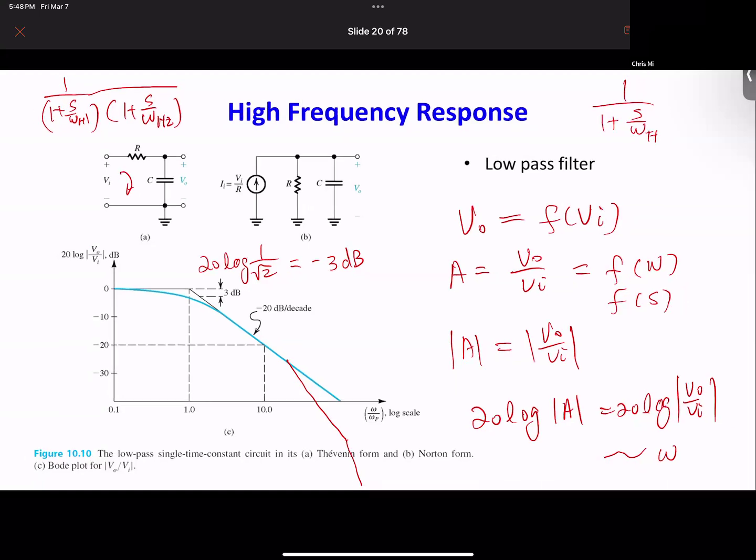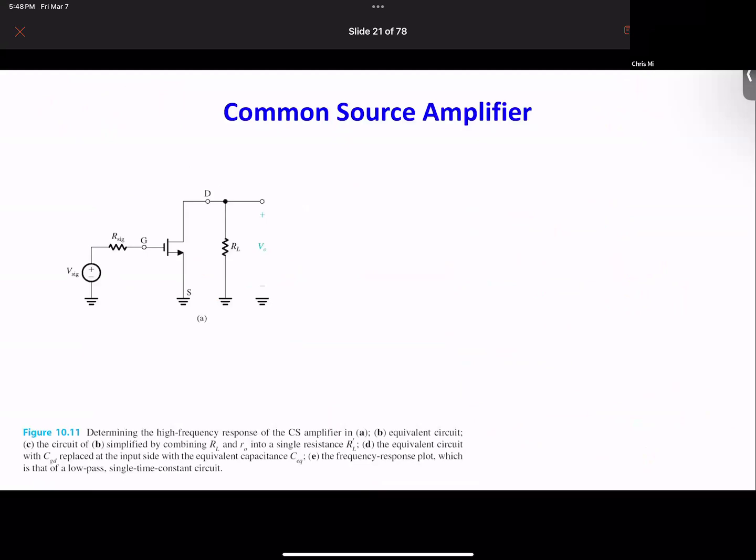So now we want to move on to look at a real amplifier. Let's just look at one of these, and we're going to stop. For a common source amplifier, we already had the equivalent circuit, and we derived the short circuit gain.